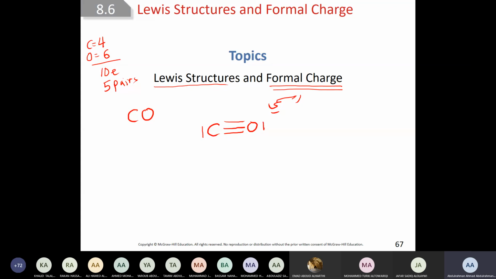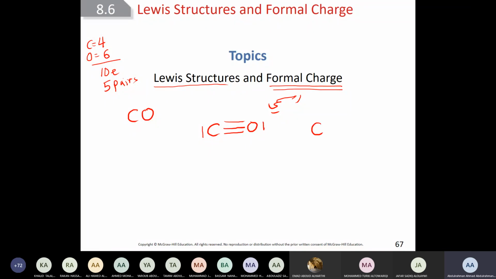Is this clear? That's easy. Very good. Now, let's concentrate. As we said here, when we have the carbon bonded to the oxygen, there are 3 bonds between them. I can draw them other ways.